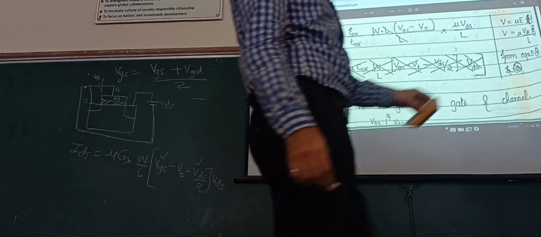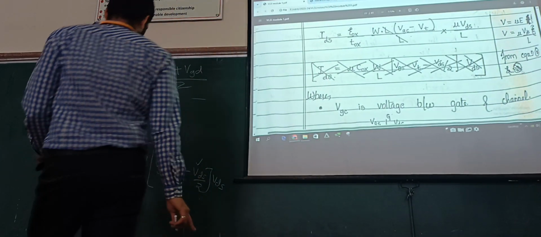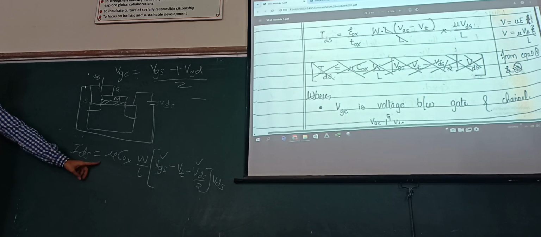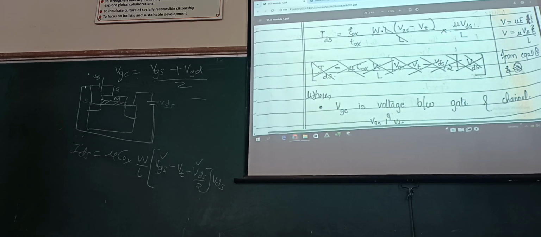This current is the current which is flowing in the linear region of operation. That equation is this.